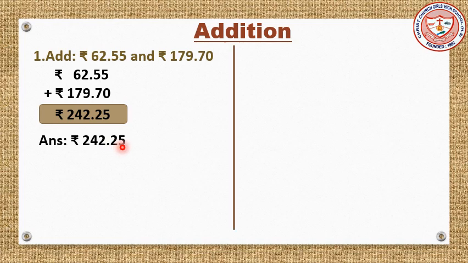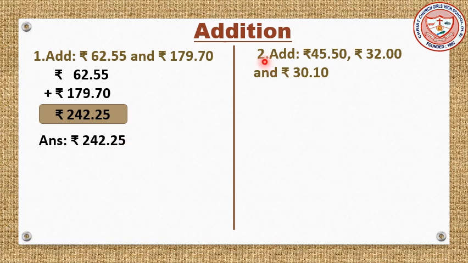Now let's try this one. Here we have rupees 45.50, rupees 32.00 and rupees 30.10. So what we are going to do? We will place the amounts in two separate columns, right? And we have to write the dots exactly one below another.